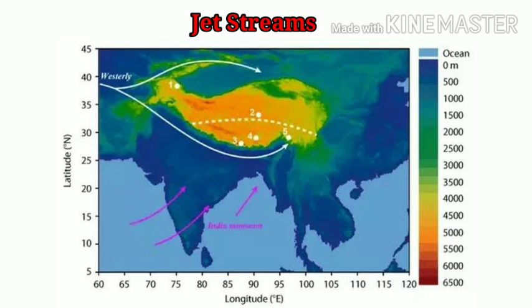The southern branch blows eastward, south of the Himalayan ranges. Meteorologists believe that this branch of the jet stream is responsible for bringing western disturbances from the Mediterranean region into the Indian subcontinent. So they have a very big role over there.